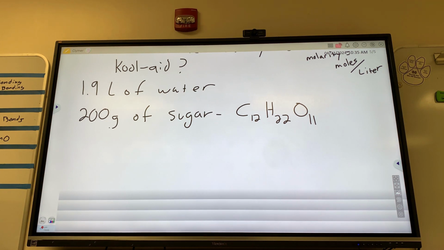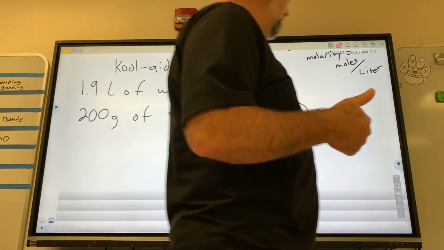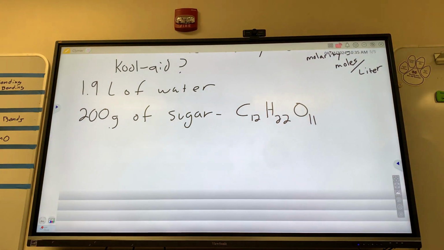T-chart, yes. You will need a T-chart, indeed. The key is, what do you put in that T-chart, Henry? 200 grams of sugar. Okay. And then you bring down the grams. Yes. And then you got to find the molar mass of glucose or sucrose. It's like a table sugar is what this is. Yeah, and then you got to find the molar mass of that.